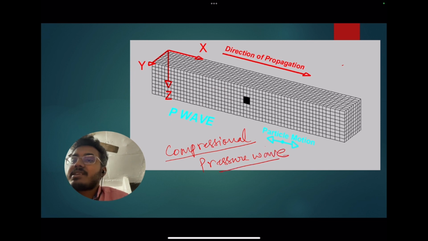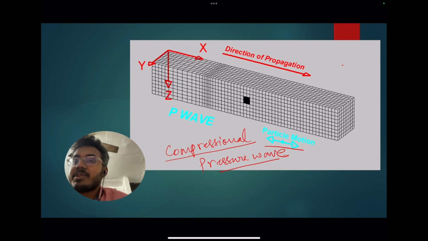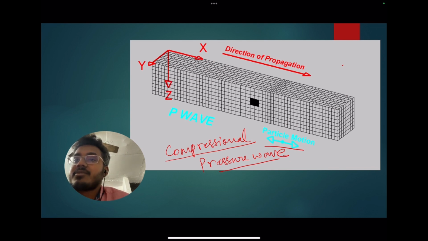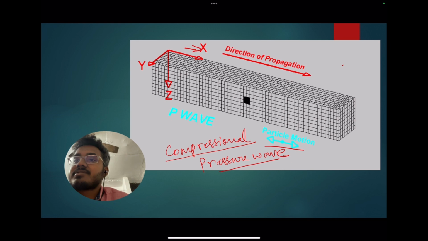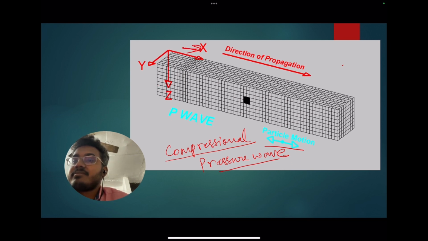And because the particle motion is along the direction of propagation of the wave, that is, if the wave is propagating in the x direction, the particles in the medium are also moving in the same x direction. That's why it is also a longitudinal wave.